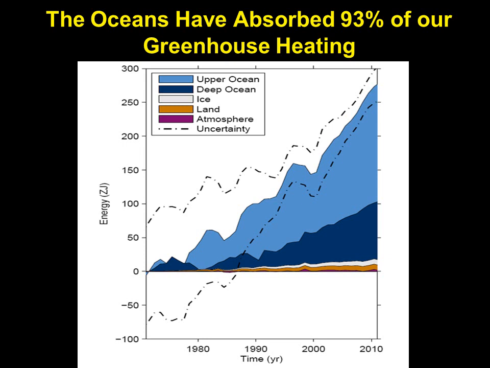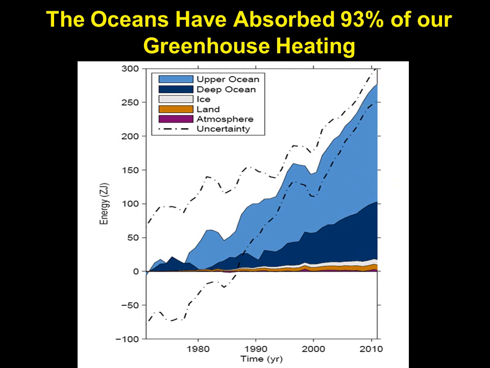Okay, so we saw this before also. Almost all of our greenhouse heating has gone into the oceans, most of that in the upper oceans, but more and more of it is going into the deep ocean. So you see as a fraction, the dark blue here is rising. So back in 1980 it was almost all in the upper oceans, and now almost a third of it's gone into the deep oceans.